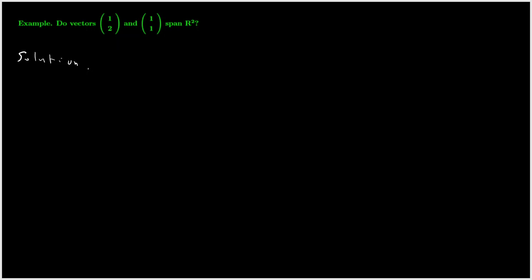Now the solution. The shortcut method, the first thing you do is to form a new matrix. You have the components of the given vectors as columns. You are given two vectors, so you form a matrix with two columns.